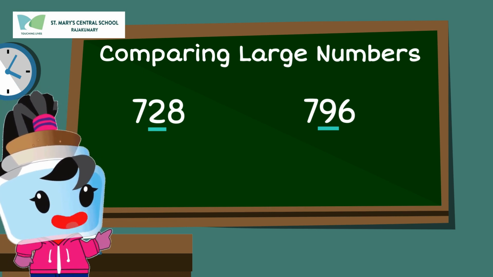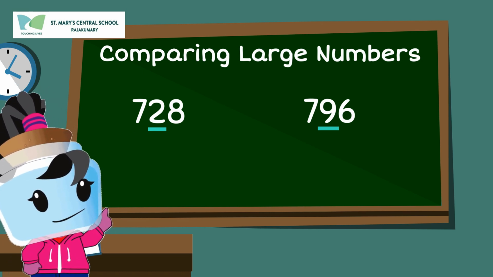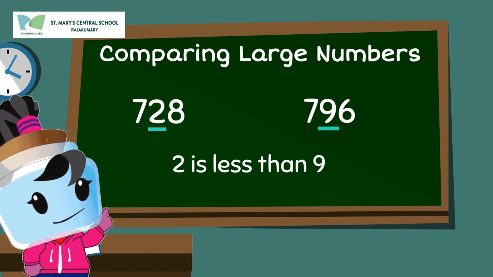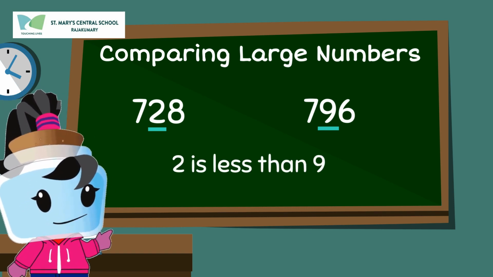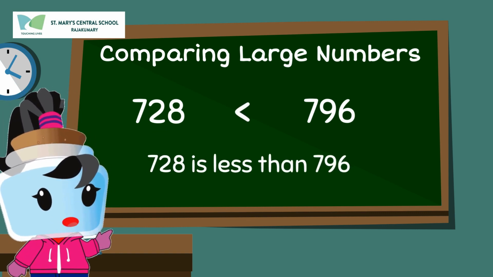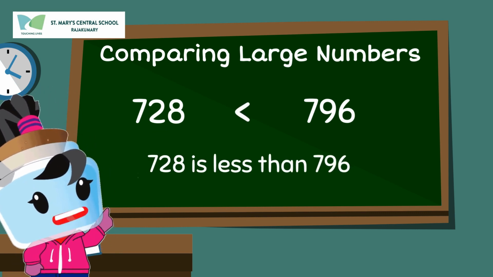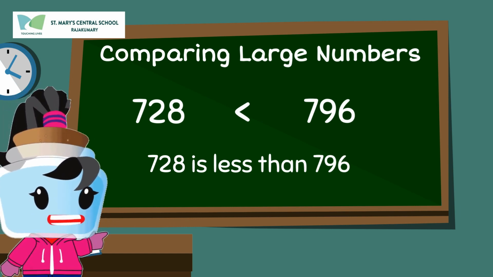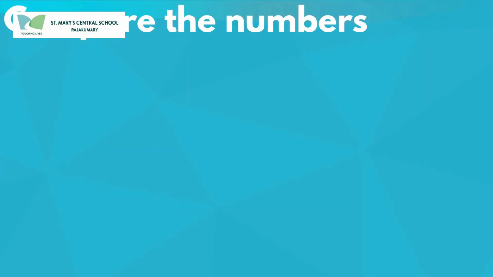Let's compare 2 and 9. Clearly, 2 is less than 9. That means 728 is less than 796. Easy, right? Let's practice what we learned by comparing more numbers.